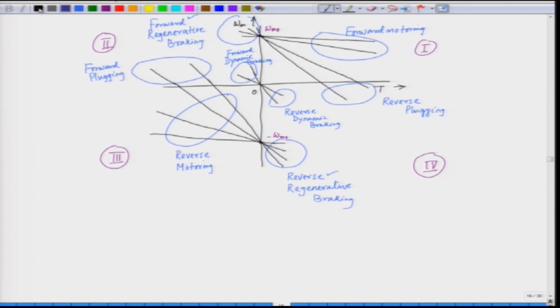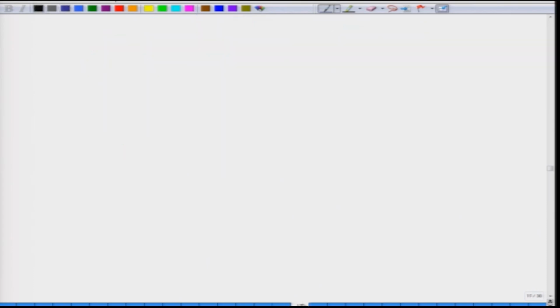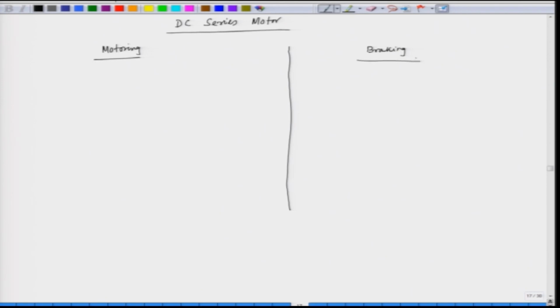Now, let us try to see similarly that of a series motor. What we will be discussing right now is the motoring of a series DC motor and we also discuss the braking of the DC motor. For motoring we have already seen the circuit for the series motor.